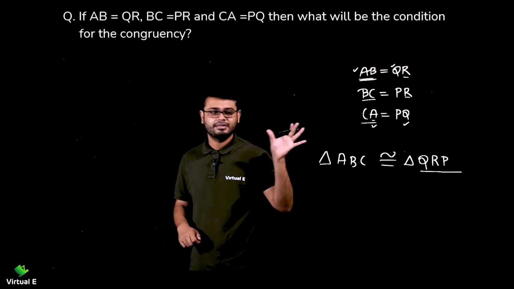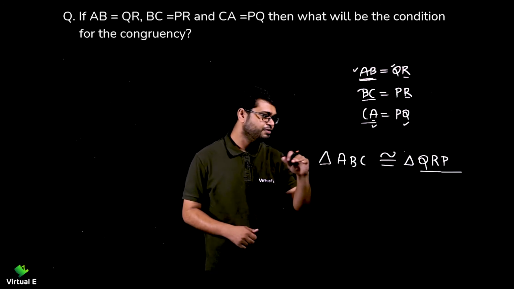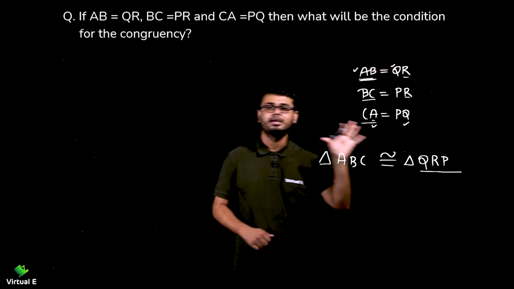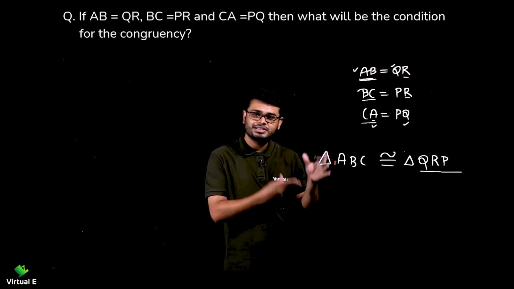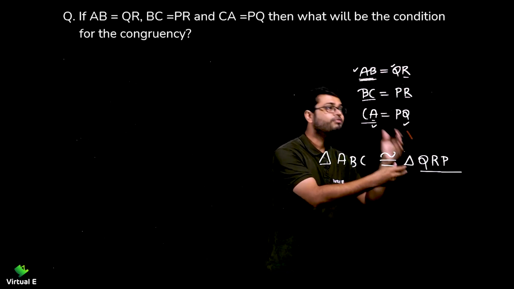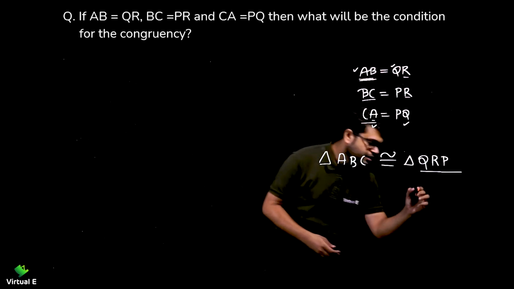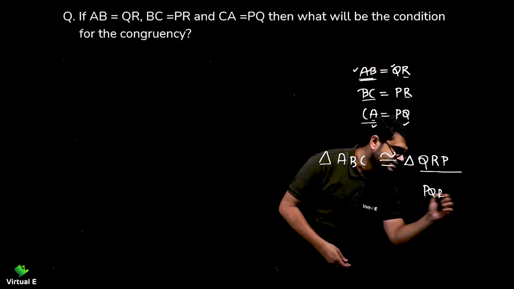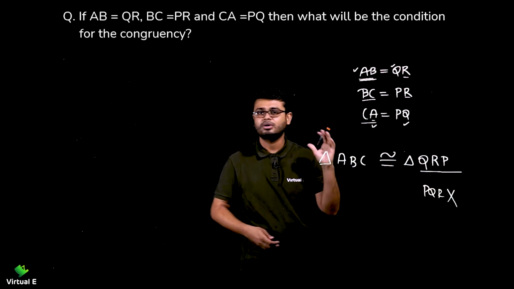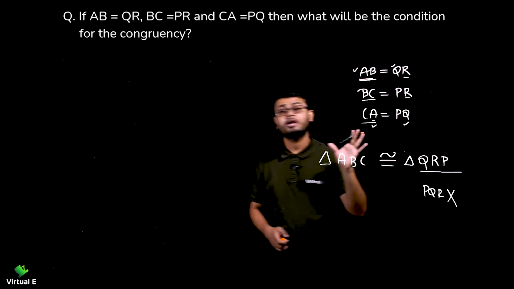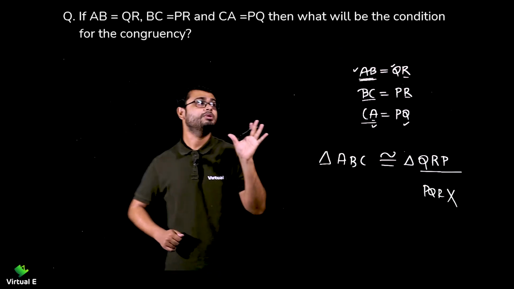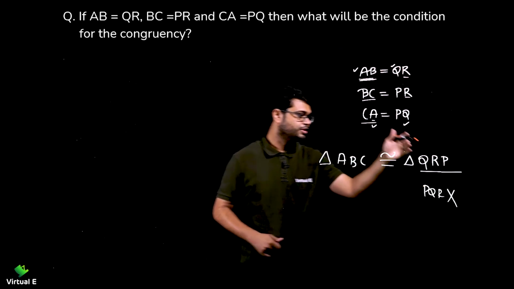So break that myth that in the case of triangles, we are always going to have alphabetical order, right? It is possible one time you write it for one side, then another you need to follow the condition. If you write over here PQR, that's absolutely wrong, right? It's not going to work out. So that's why order is very, very important. You need to maintain the order that A goes with Q over here.